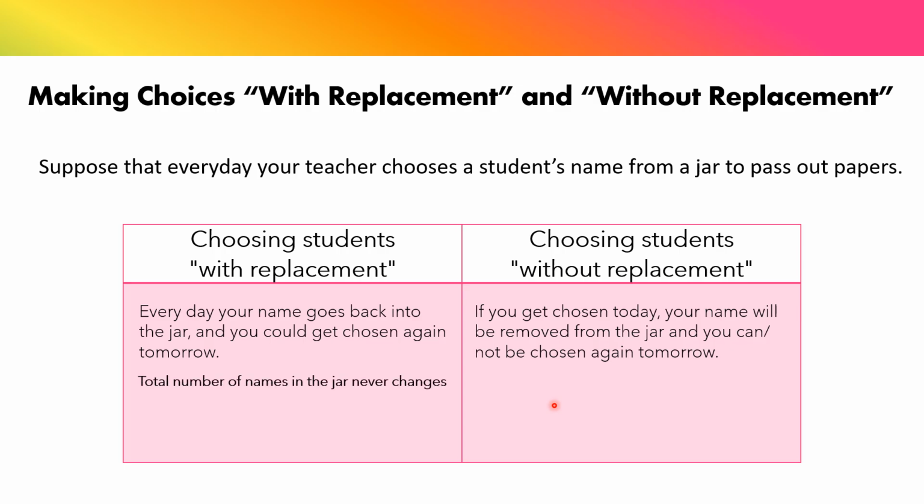When we're choosing students with replacement, putting those names back into the jar every day, the total number of names in the jar never changes. Whereas when we're choosing without replacement, every day the total number of names in the jar changes, right? Every day there's going to be one less person in the jar to choose from.